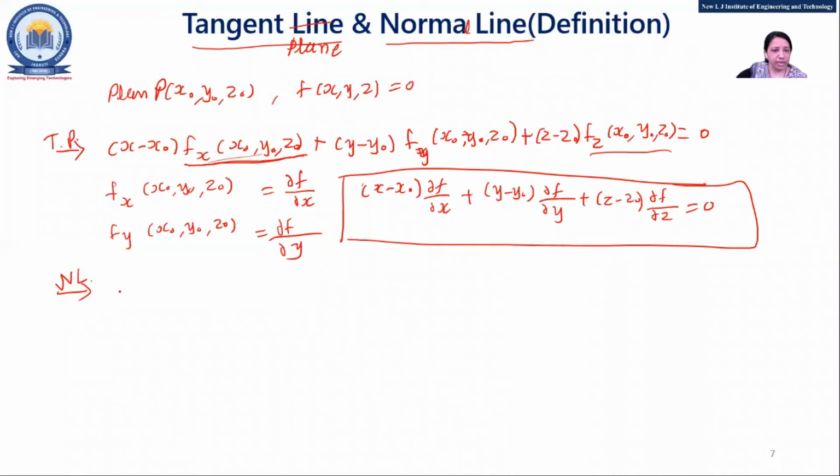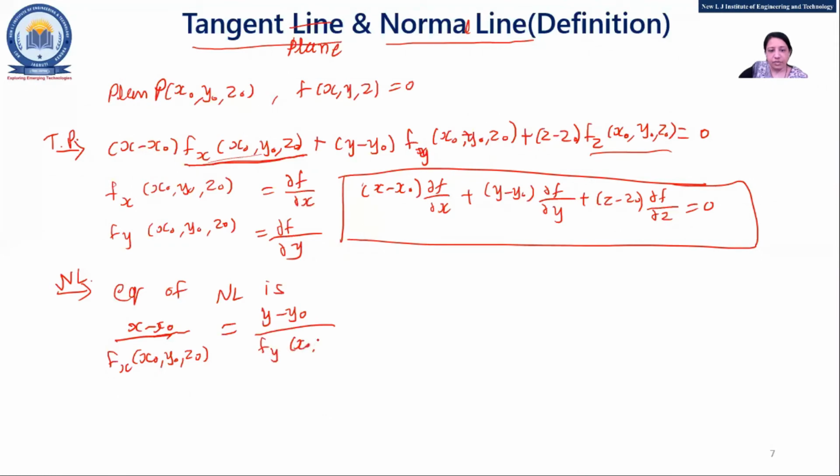The equation of the normal line is (x minus x0) upon fx at (x0, y0, z0). This is given in the book like that, so we are writing in that format only. Here equal to is in between: equal to (y minus y0) upon fy at (x0, y0, z0) equal to (z minus z0) upon fz at (x0, y0, z0).